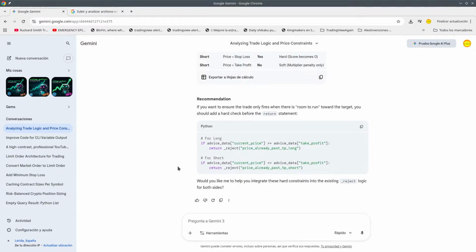Recommendation: if you want the trade to only fire when there is room to run toward the target, you should add a hard check before the return statement. So if the current price is higher than the take profit, you reject it. I mean, that's what we were thinking about, that this didn't work as expected.